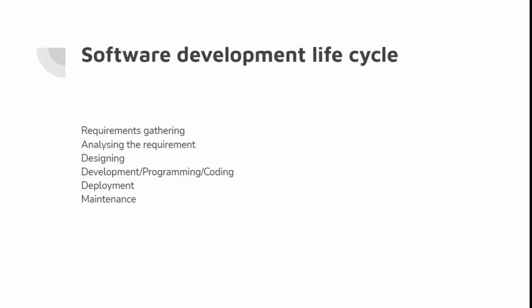Since these steps are repeated as a cycle, we call this the system development lifecycle, or software development lifecycle. Software can be a website, a mobile application, or a web application.